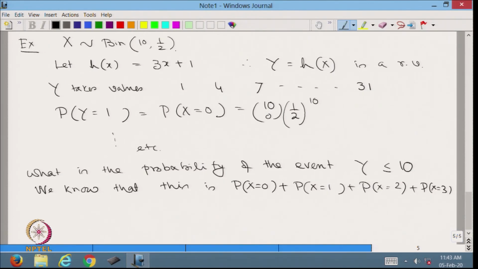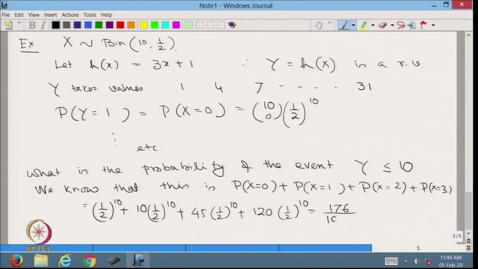If X takes a value beyond 3, then Y will be greater than 10. This is equal to half to the power 10 plus 10 half to the power 10 plus 10C2, which is 45, half to the power 10 plus 10C3, which is 120, into half to the power 10, which is equal to 176 upon 1024, which is equal to 11 upon 64.